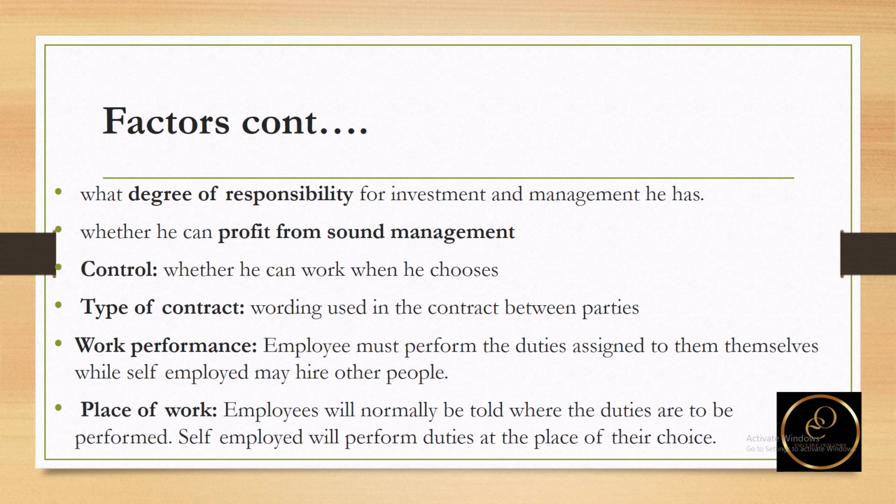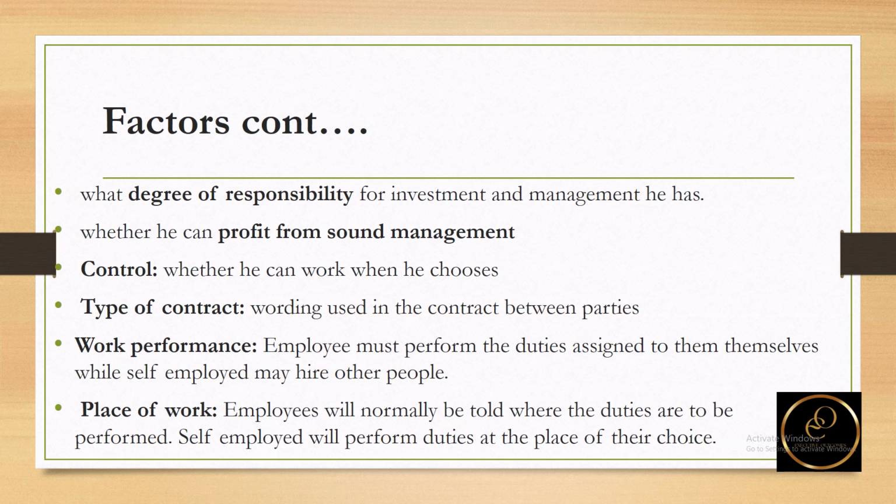Control: whether he can work when he chooses. That is not available to an employee, because he has to work according to the contractual agreement. If he's told to report at 8 hours, he has to report at 8 hours to 17 hours every day.